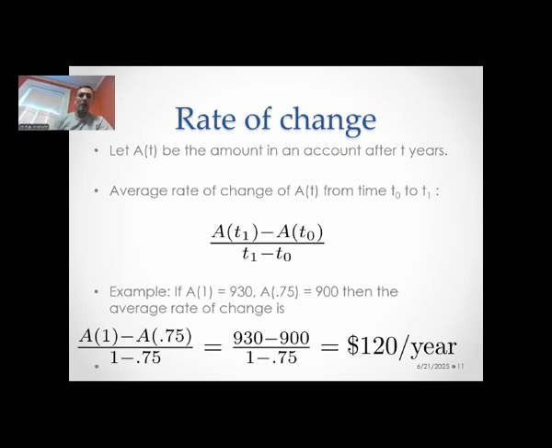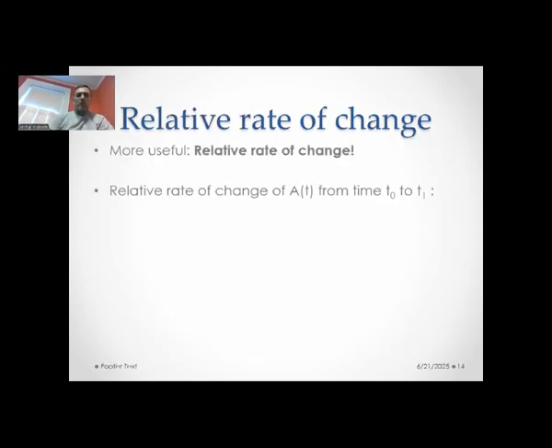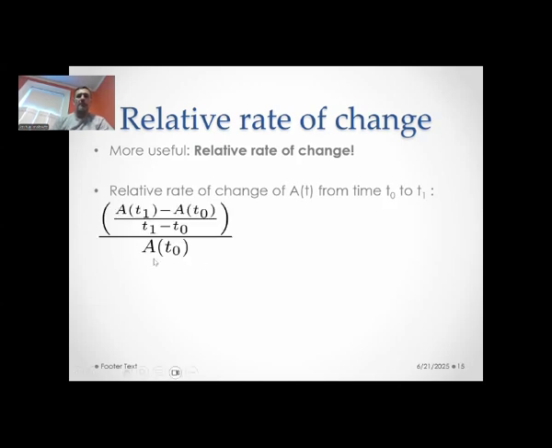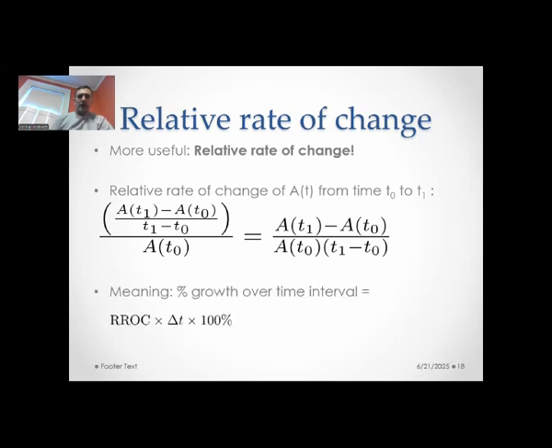So yeah, what's important is what your rate of change is relative to how much you started off with in the account. Okay, and the formula for that is the same thing. You just divide by how much you have in the account at the beginning. And this has very important and practical meaning.